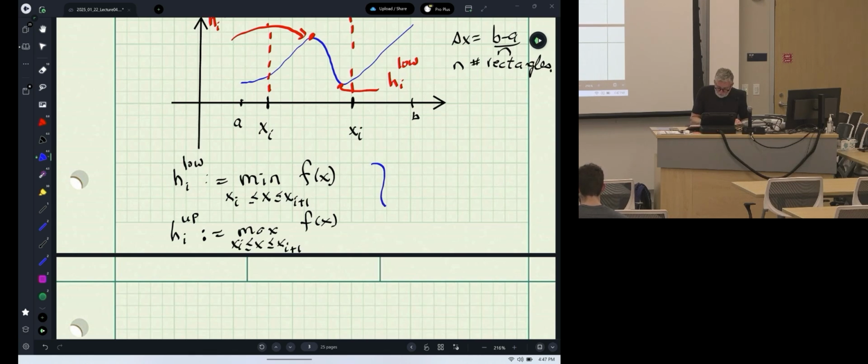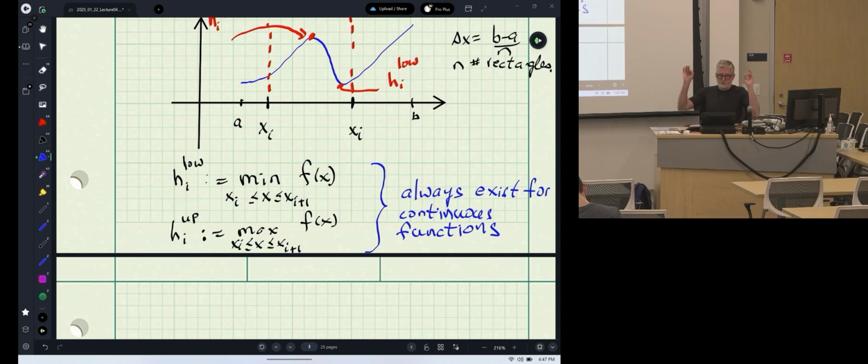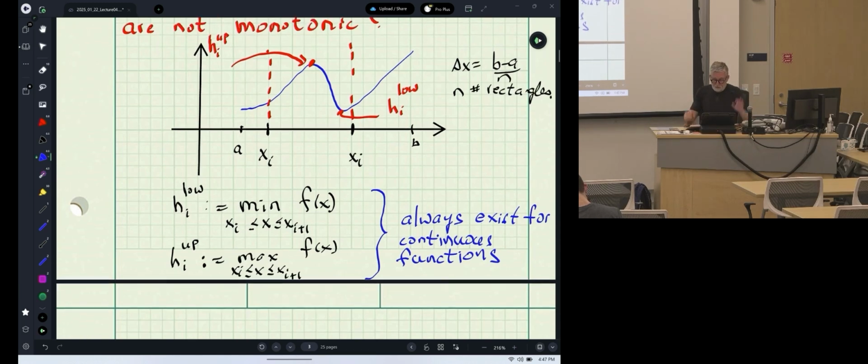Now this process of finding maxes and mins, these things always exist when the function is continuous. In chapter 4, we'll talk about what to do when maxes and mins don't exist.